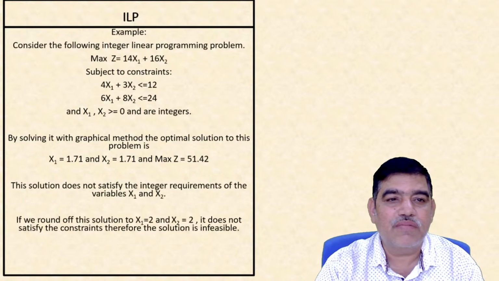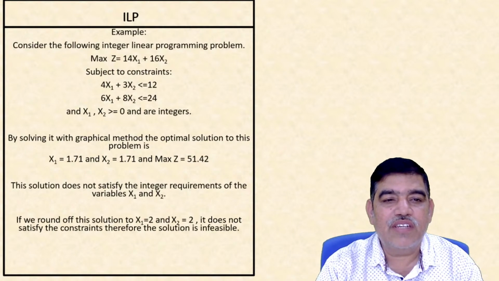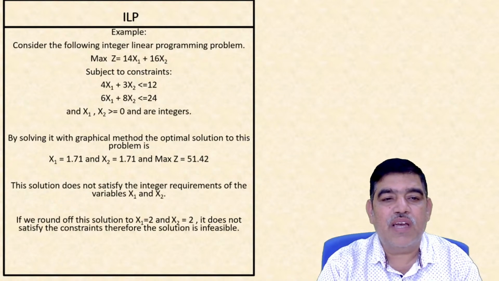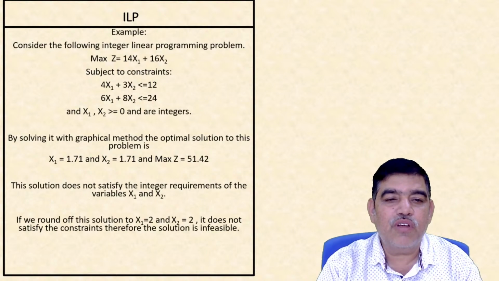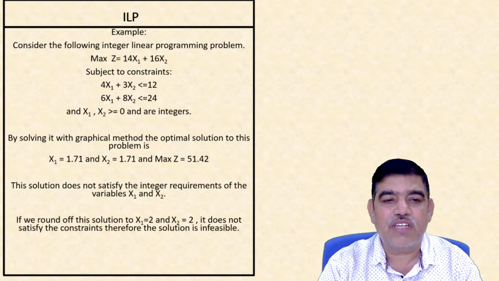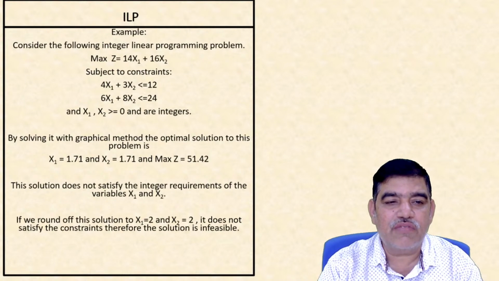For example, consider the integer linear programming problem: max z equal to 14x1 plus 16x2. That is the objective function as per the LPP. Subject to constraints, there are two constraint equations: 4x1 plus 3x2 less than or equal to 12 and 6x1 plus 8x2 less than or equal to 24.